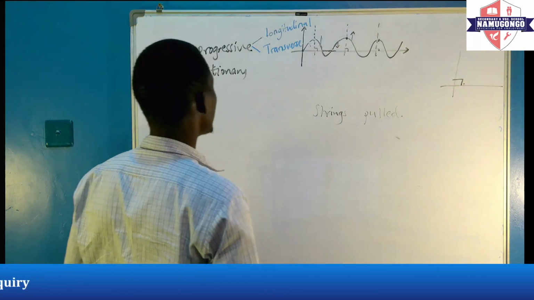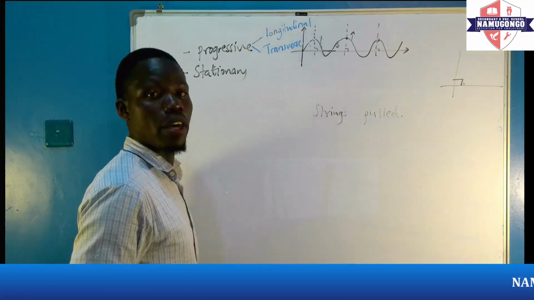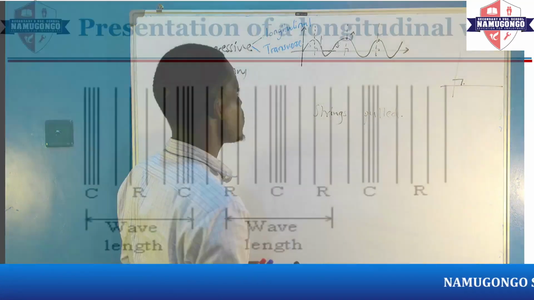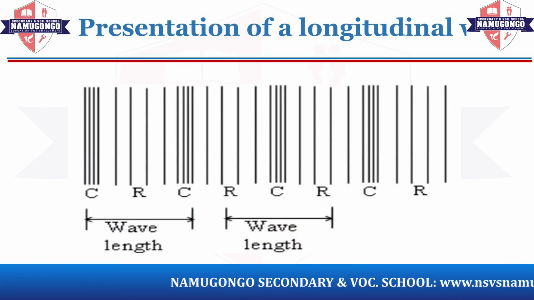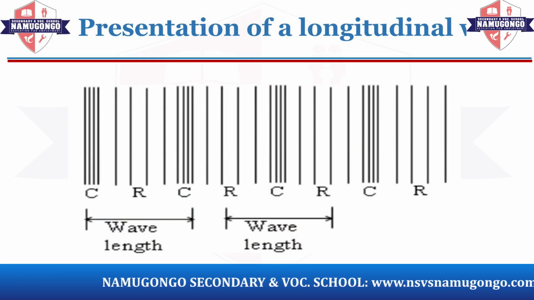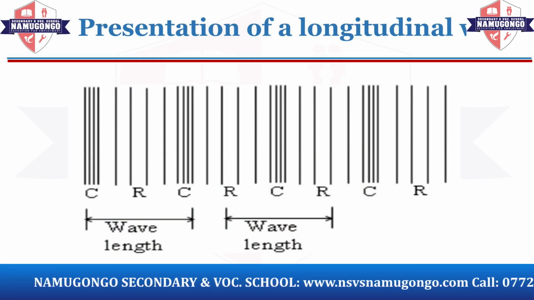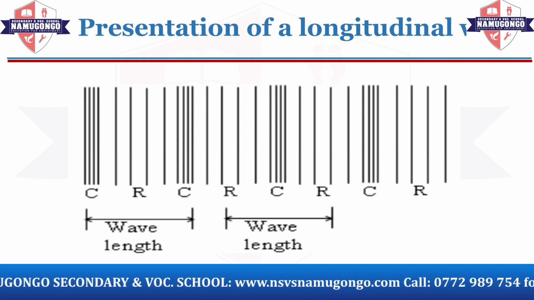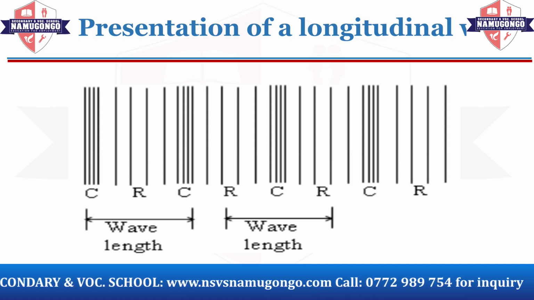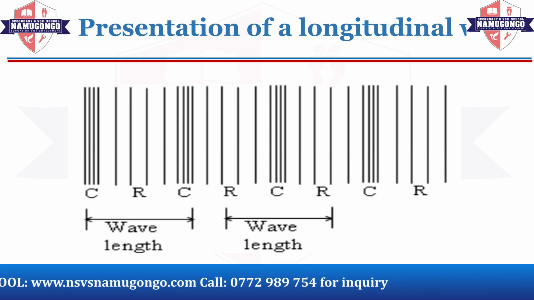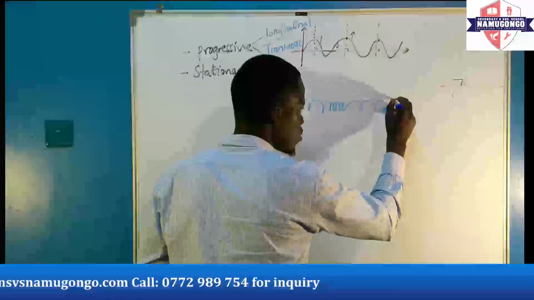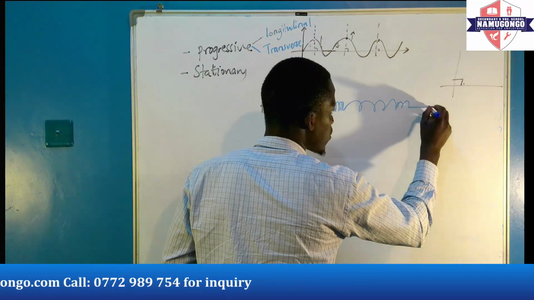We also look at the graphical representation of a longitudinal wave. If I sketch it, I have my string fixed at one point, I pull and it forms big gaps, and at some points small gaps. Big gaps, small gaps.